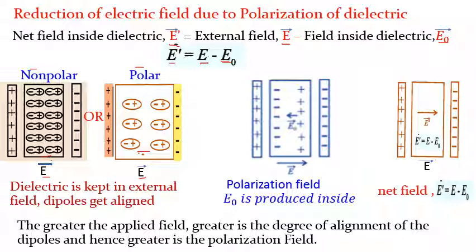But to this end negative charges are there, to this end positive charges are there, and inside this, the field which is produced in this direction is called the polarization field E0, whose direction is opposite to that of E. E is in this direction, E0 is in this direction. And finally, inside this dielectric, the field E dash is the vector sum of these two, or E minus E0. This is how we can say how this E is reduced by this polarization field.